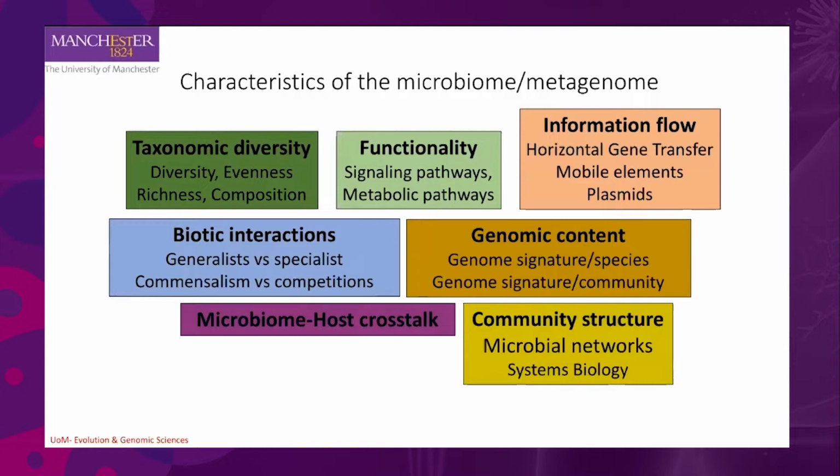We can also describe the genomic content of each species, but also the community. Basically the dinucleotide odds ratios of all the genomes we identify. And all of this information we can use to try to describe the structure of the community. And sometimes microbial networks and systems biology is being used in order to achieve this.